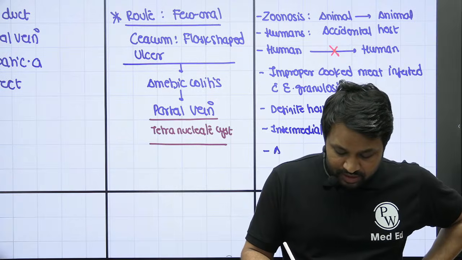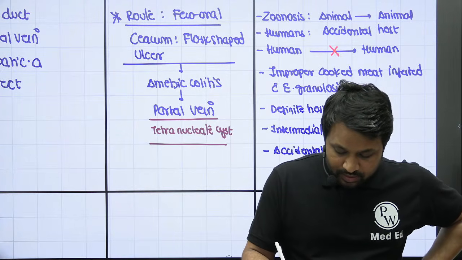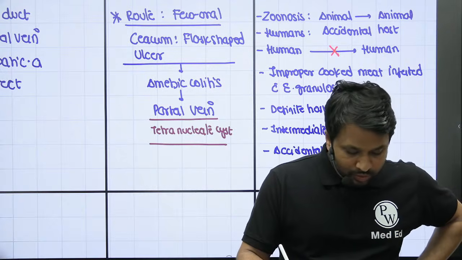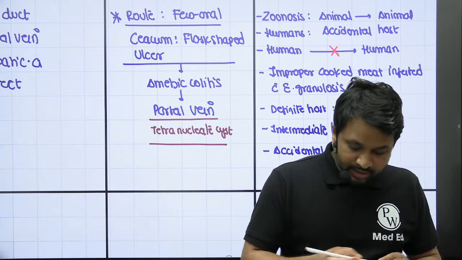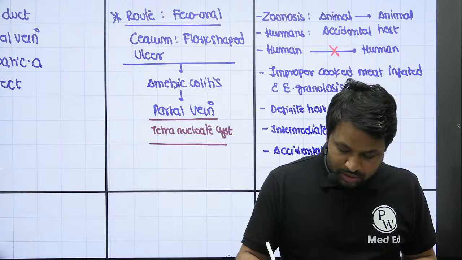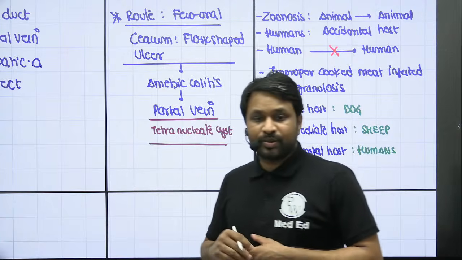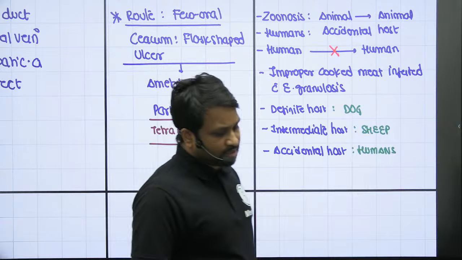And the last one is the accidental host, right? The definitive host is going to be the dog. The intermediate is going to be the sheep. And the accidental hosts are going to be humans. So dog, sheep and humans are the three hosts that you need to remember: definitive, intermediate and accidental host.